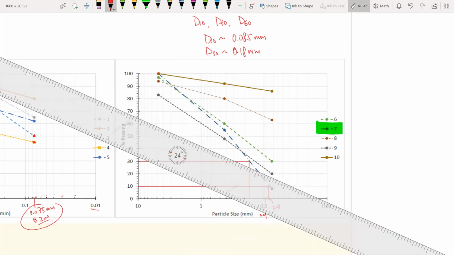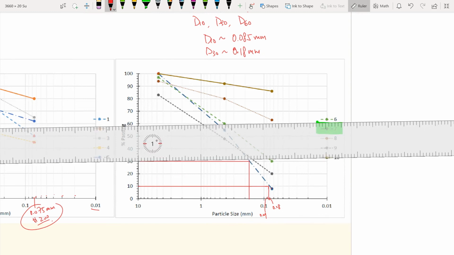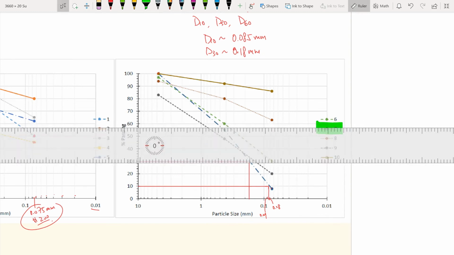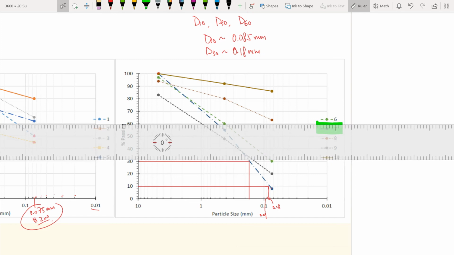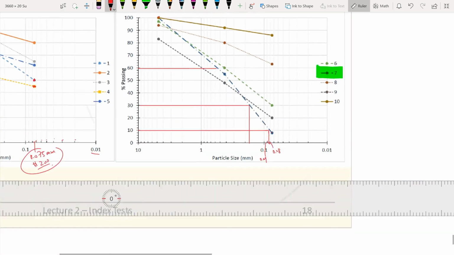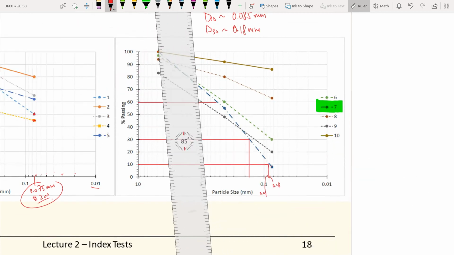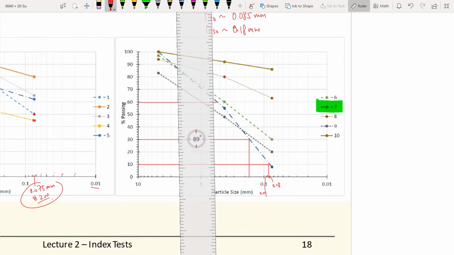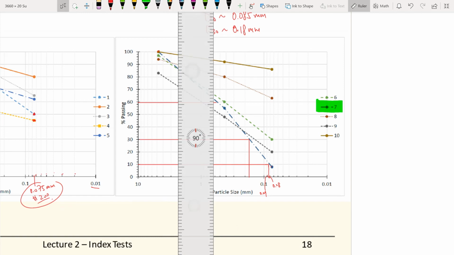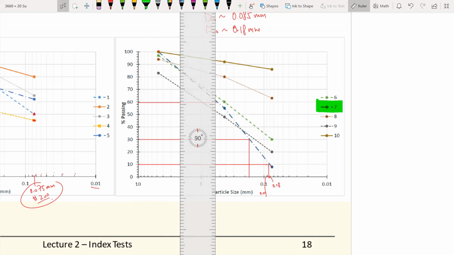And then we also need to do D60. We go to this curve, then we go down again.